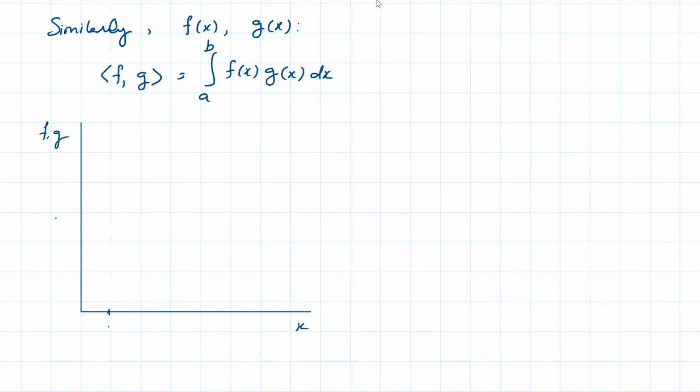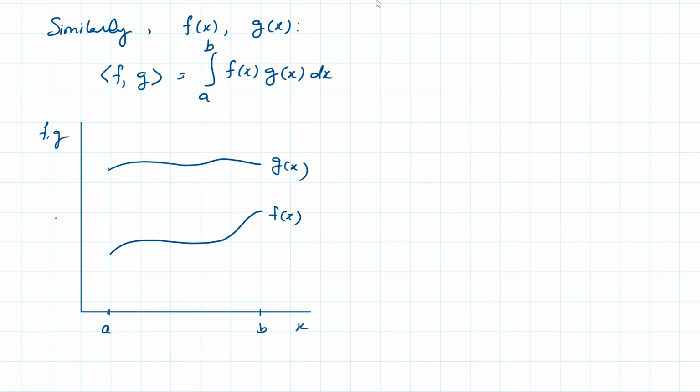Let's say this is our interval a to b, over which our two functions f of x and g of x are defined.